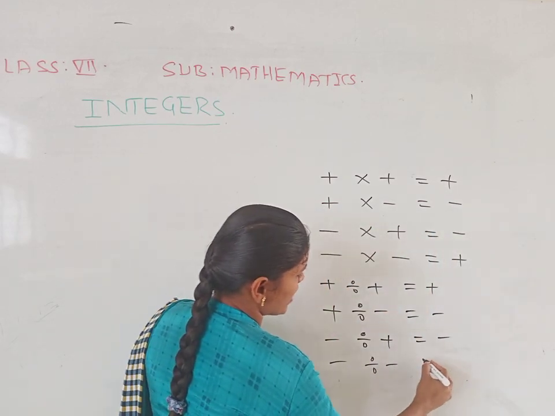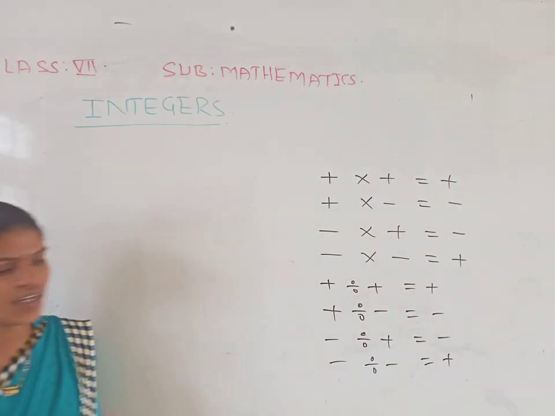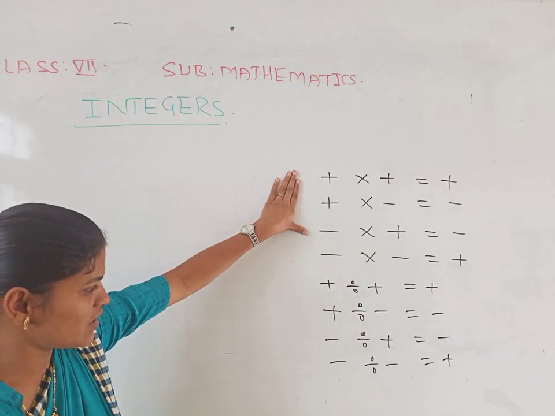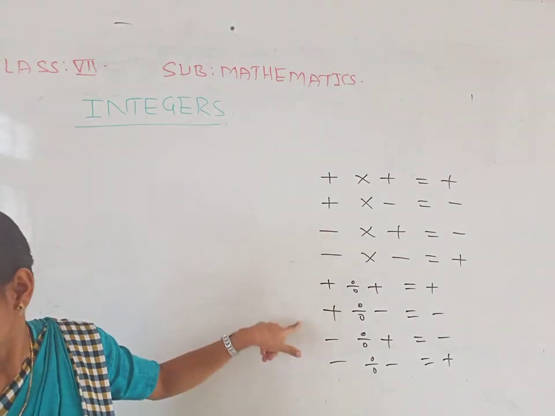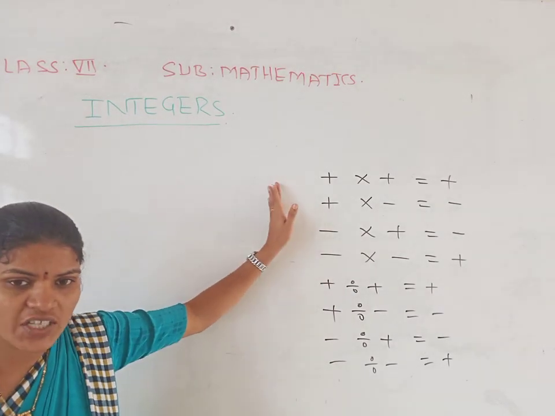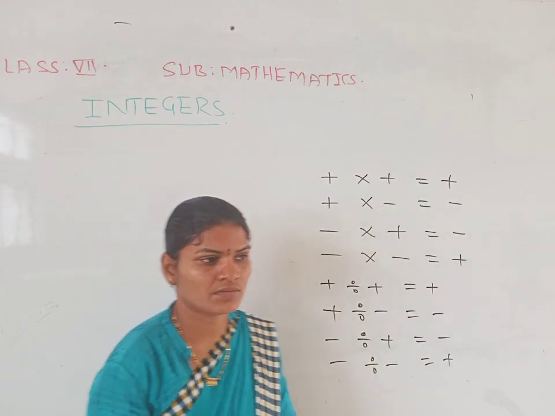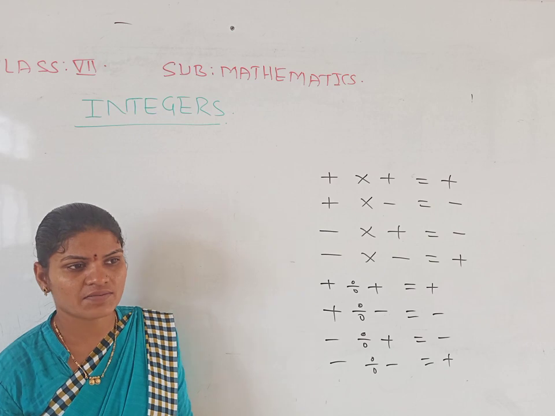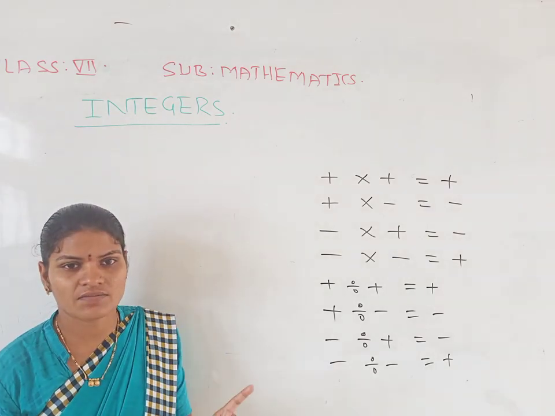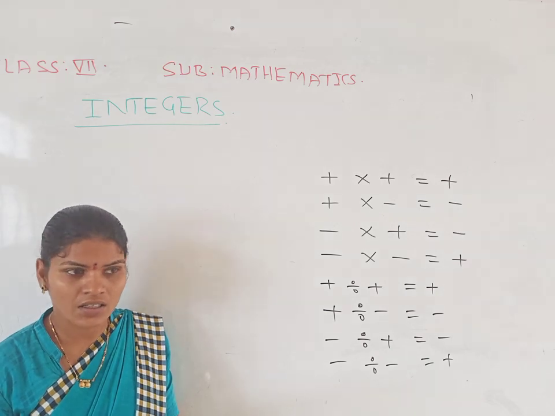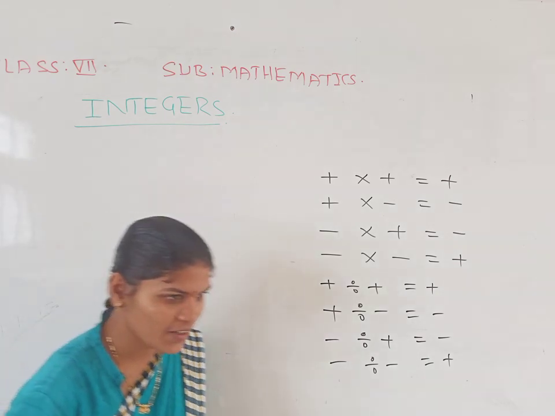Minus divided by minus is plus. No need to remember this separately, because multiplication as well as division follow the same rules.